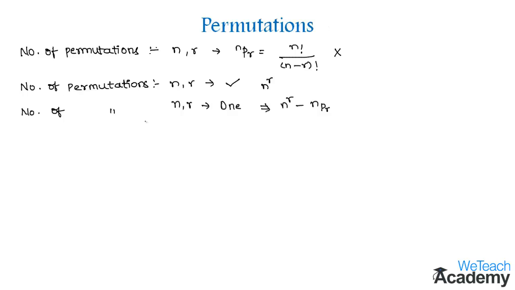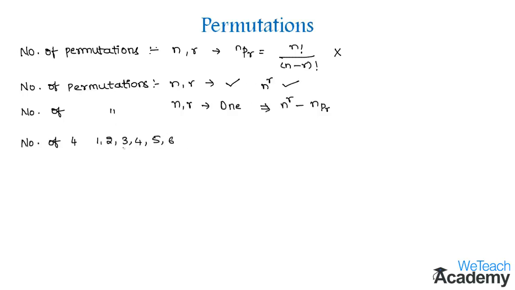Now let us deal with some examples which are based on the same concept. Let us find the number of permutations of 4-digit numbers formed by using the digits 1, 2, 3, 4, 5 and 6 when repetition is allowed.